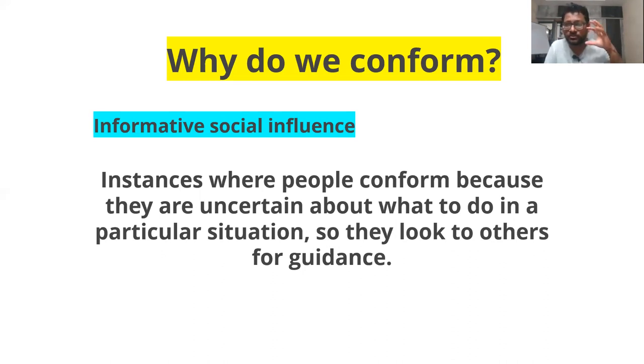So informational social influence is social influence through information. During uncertain situations, we want to be correct and look to our social groups for answers. This is how we desire information and try to conform ourselves. This is one theory explaining why we conform.